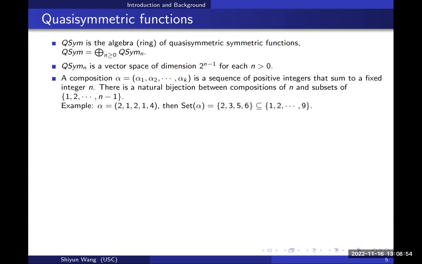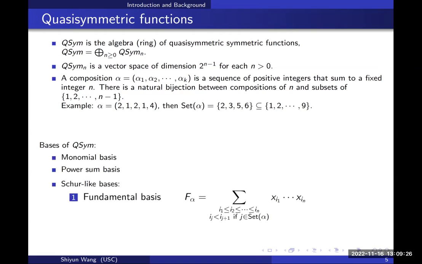For example, if we have the composition 2, 1, 2, 1, 4, they sum up to 10, and the corresponding subset of 1 through 9 is: you have 2, then 3, which is the sum of the first 2 entries, 2 plus 1, and then 5, the sum of the first 3 entries, 2 plus 1 plus 2, and so on. So we get the set 2, 3, 5, 6 of 1 through 9.